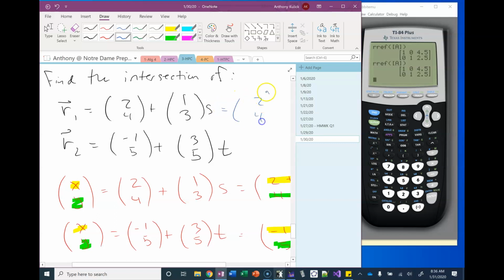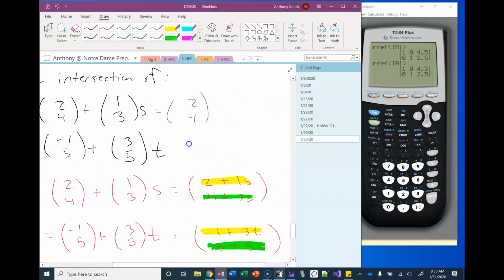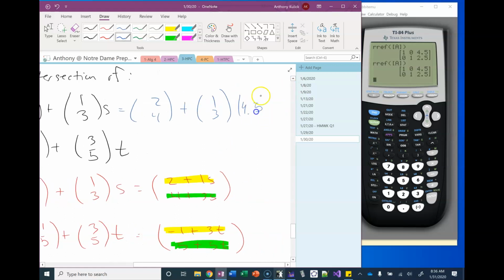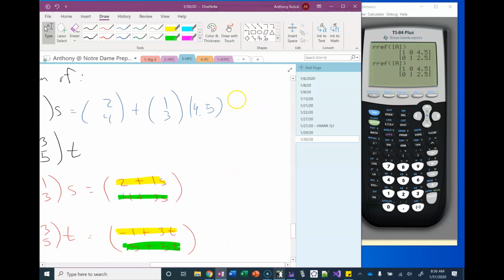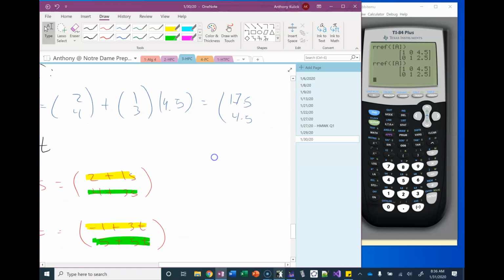So for example, if I plugged s into this one, I get the point 17.5, 4.5. Is everybody okay there?